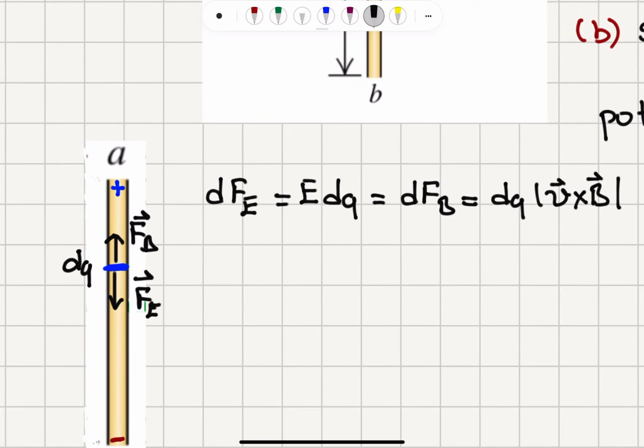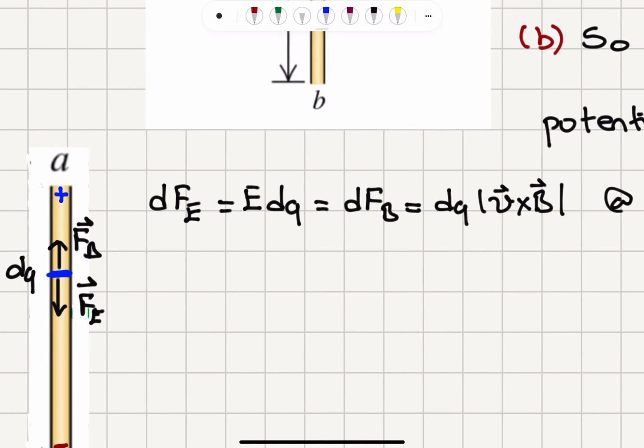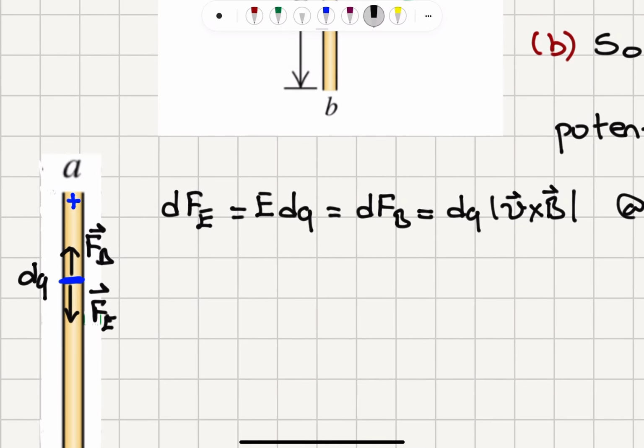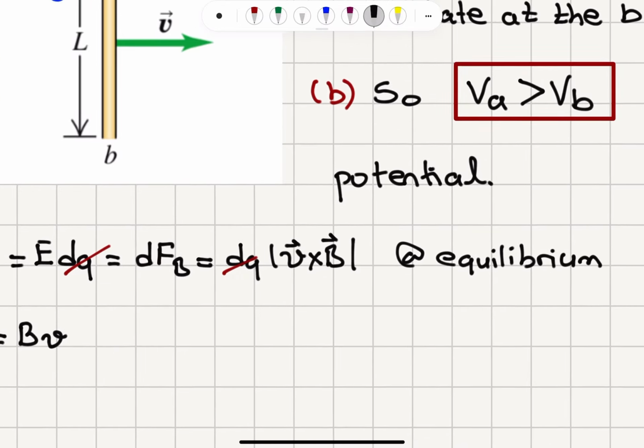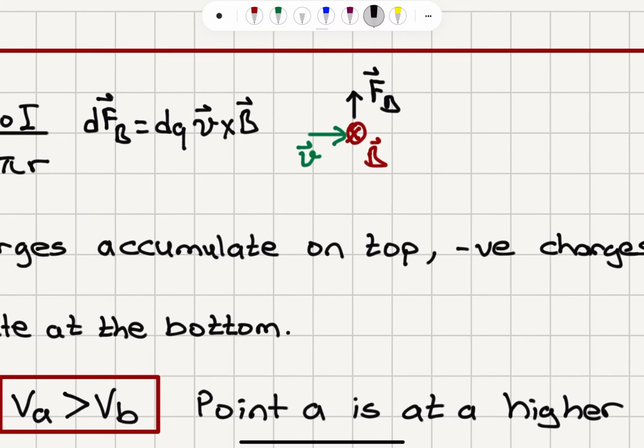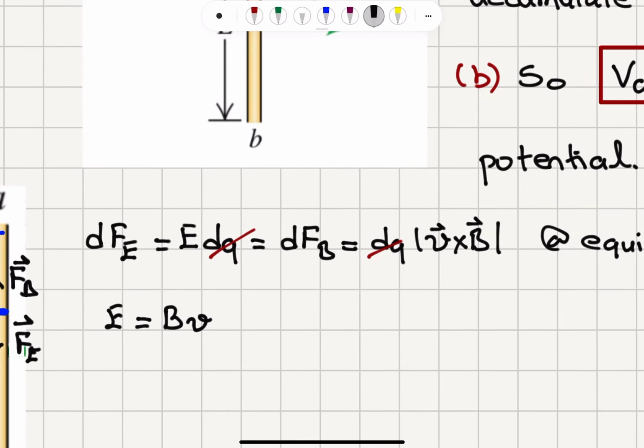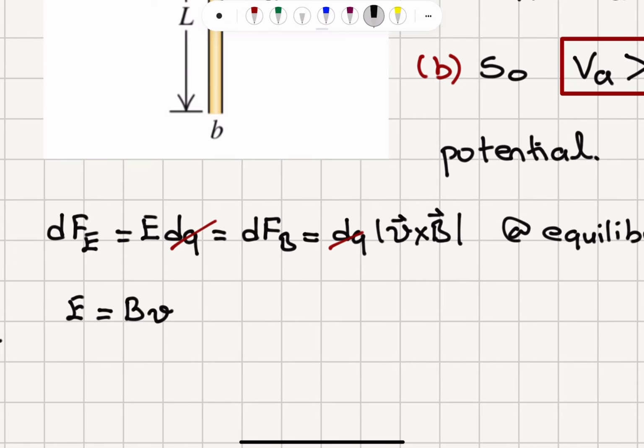Okay, and this tells me that the electric field magnitude E here is, because the dq's will cancel, B times v. The velocity vector and the magnetic field vector are perpendicular to each other, so sine 90 is 1. So this gives me B times v, and the electric field magnitude is Bv.